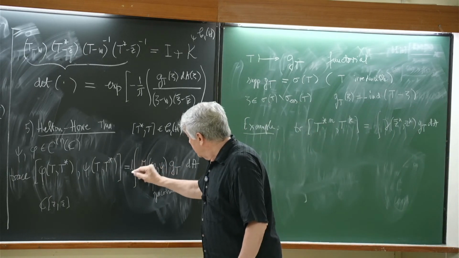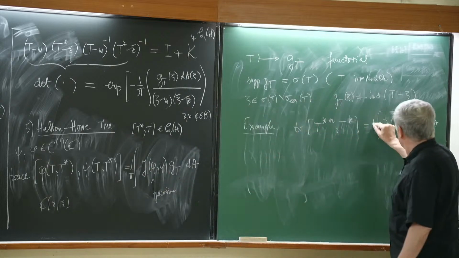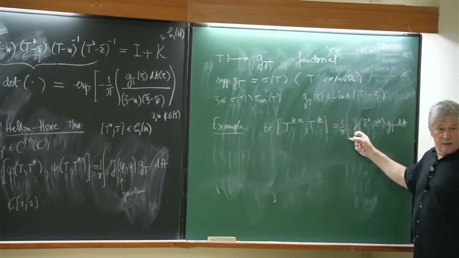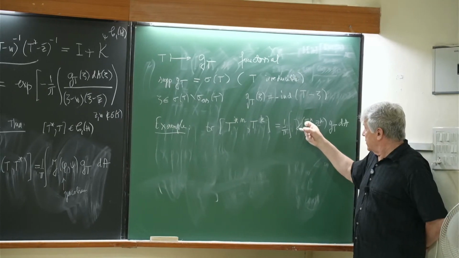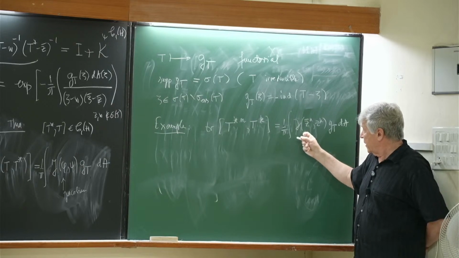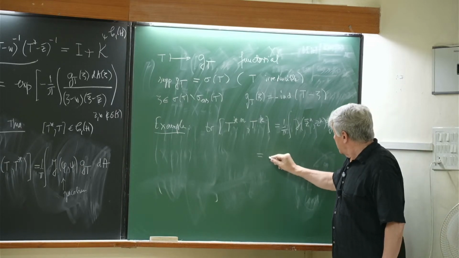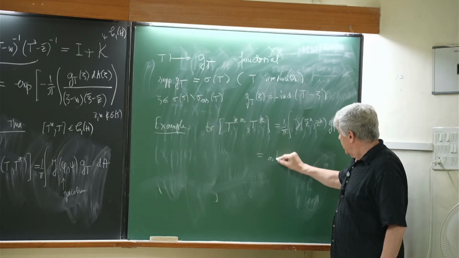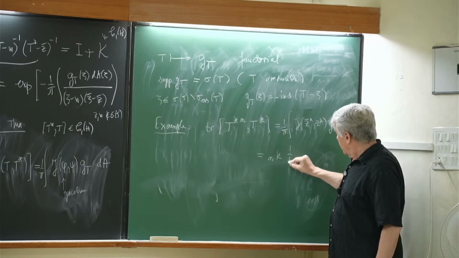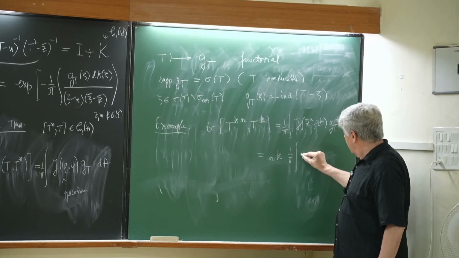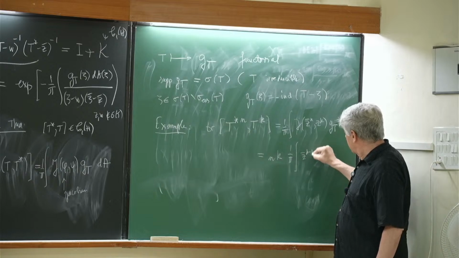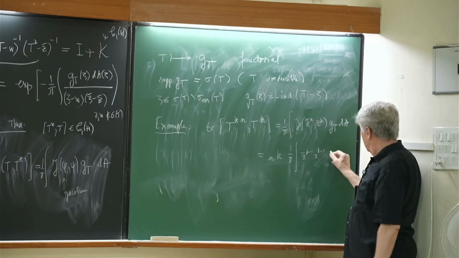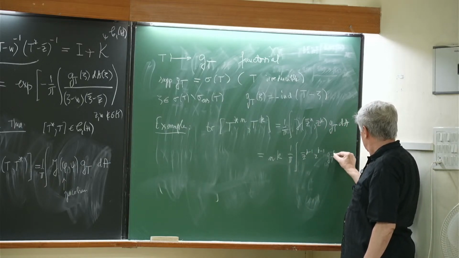It depends how you define the g. I think there is 1 over pi. My apology. And now the Jacobian in complex coordinates is this derivative with respect to z bar, so it is n, and with respect to z, so it is k. 1 over pi, the integral of z bar to the n minus 1, z to the k minus 1. The other one is 0. g of t of z dA.